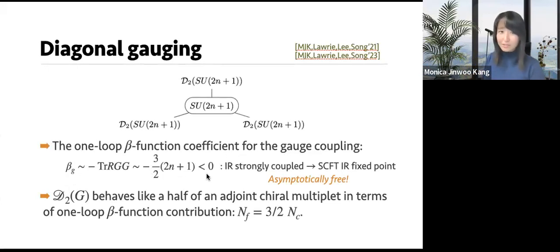So it's asymptotically free, and it's IR strongly coupled, so it naturally flows to the superconformal field theory IR fixed point. So in this particular setup, this D2 SU(odd) or D2 G really behaves like a half of an adjoint chiral multiplet in terms of this 1-loop beta function contribution, namely just N_F is 3/2 of N_C.